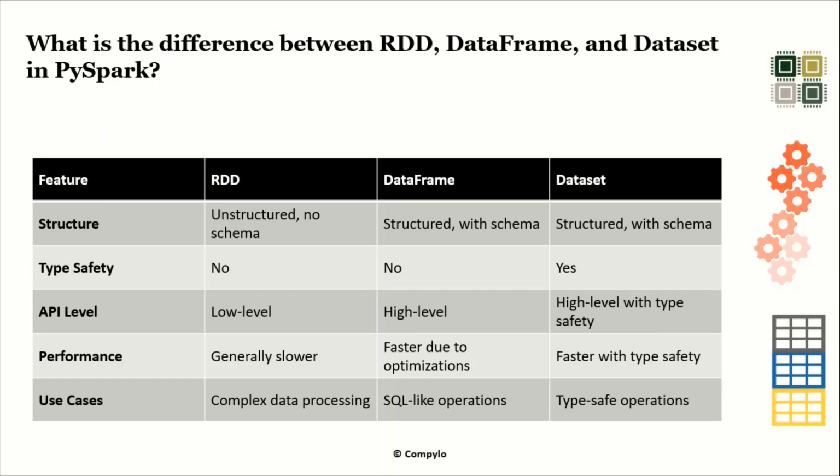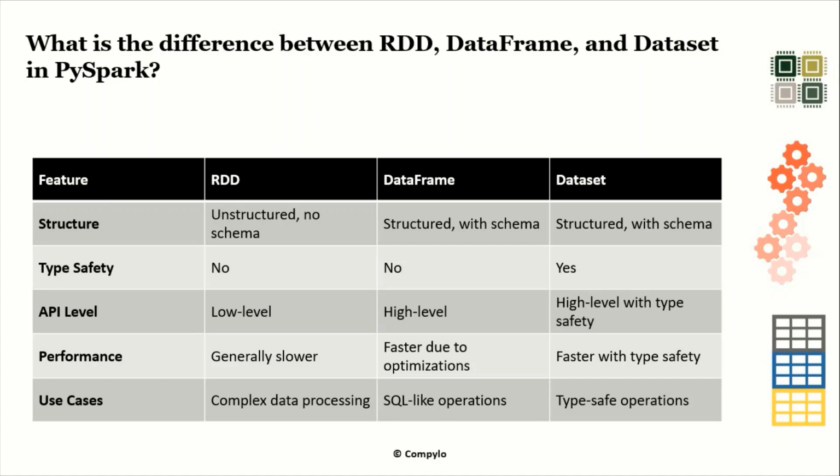Next question is what is the difference between RDD, Dataframe and Dataset in PySpark? So as you can see the differences on the screen. The structure for RDD is unstructured with no schema, whereas the structure for Dataframe and Dataset is structured with schema. Type safety is not present in RDD and Dataframe but present in Dataset.